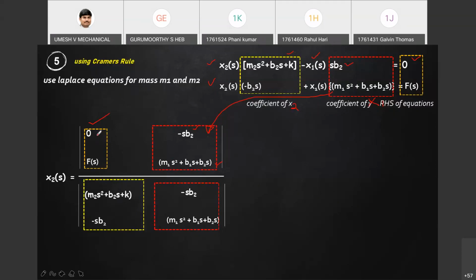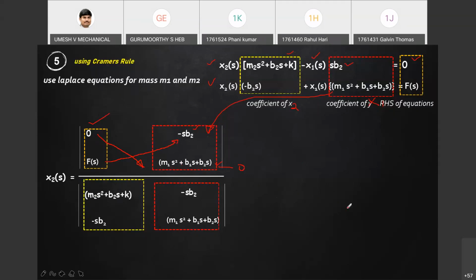The left-hand side of most of the right-hand side. Sign, it is minus of minus, it will become.